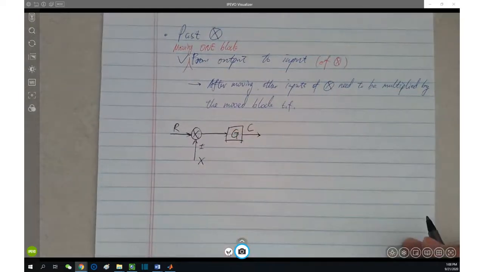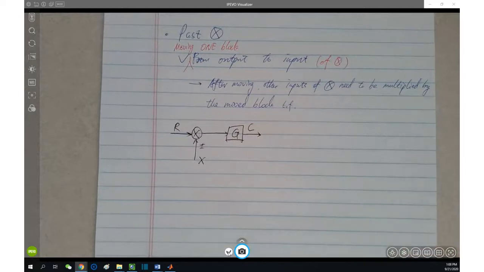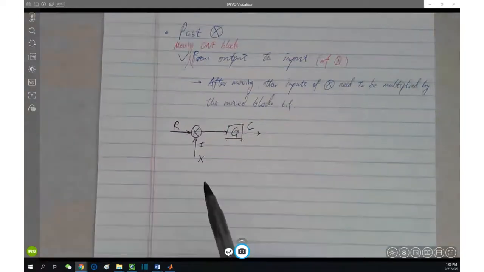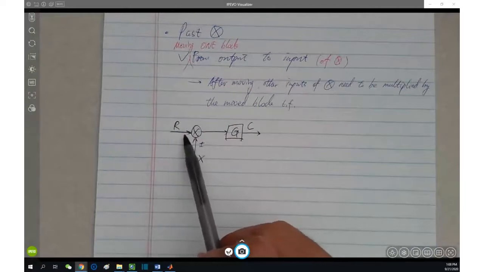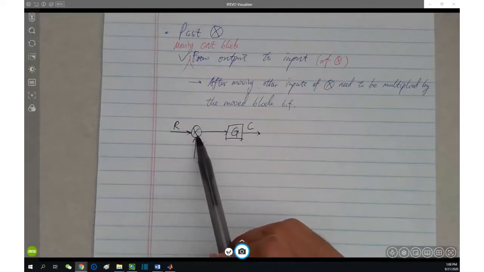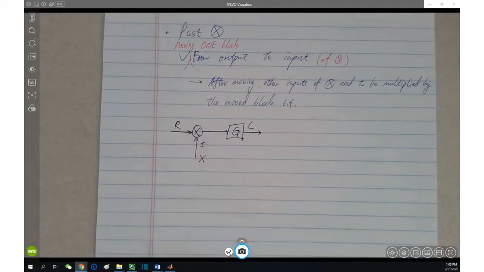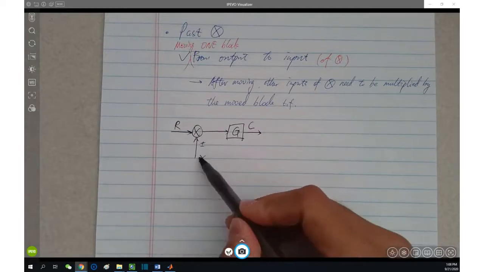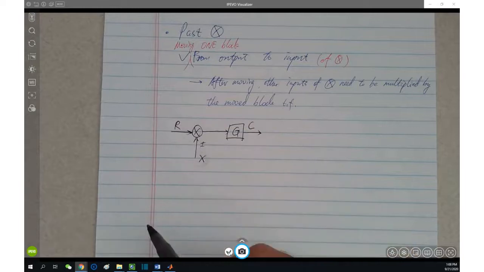Let's assume we have, of course, this is a portion of the complete block diagram, but it's enough for us to understand the algorithm. So we are assuming we have input signal R going into a summing junction, and we have another input because a summing junction, generally speaking, receives more than one input, right? So this is the second input X to the summing junction.